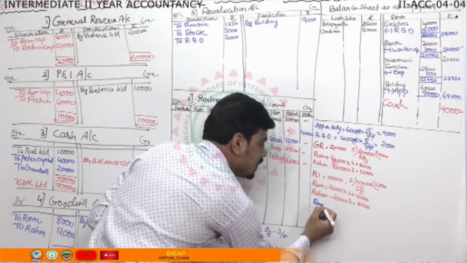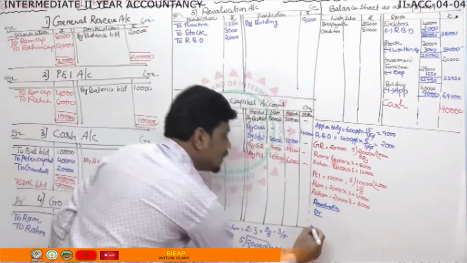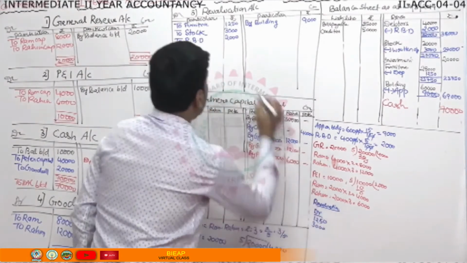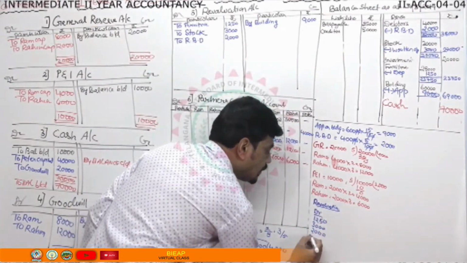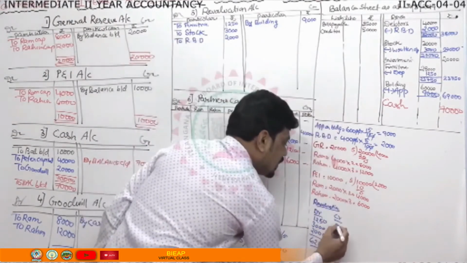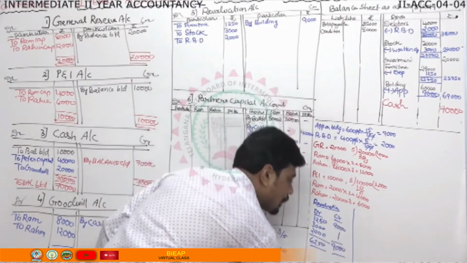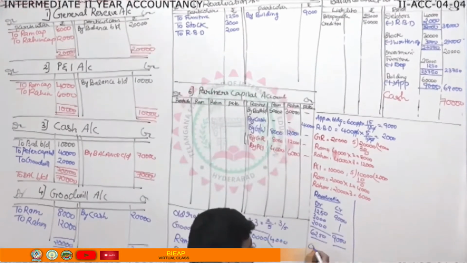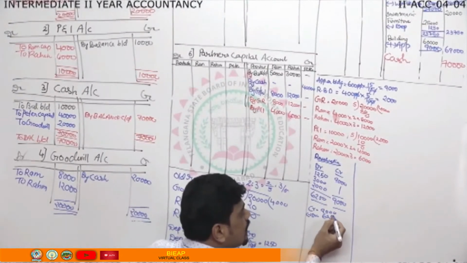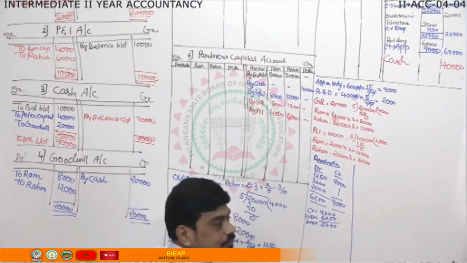Here I am writing debit figures: 1,250, 3,000 and 2,000. The total is 6,250. Now I'll do credit side. Credit 9,000. Now if I see here, credit is more: 9,000 minus debit 6,250. Balance is 2,750, which is profit.